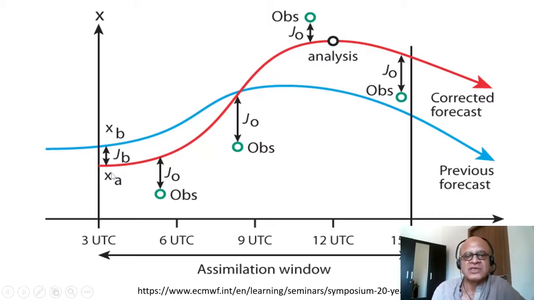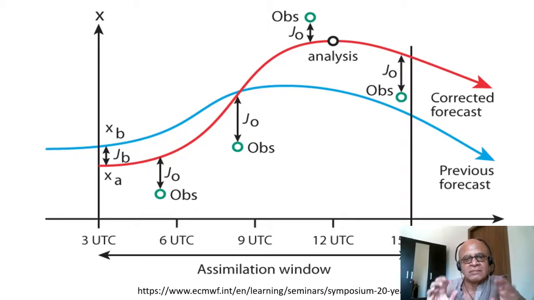So these are the evolution of the corrected forecast. So there is the initial or the previous forecast, and this is the blended corrected forecast using cost functions between previous forecast and observations to give you more skillful forecasts.